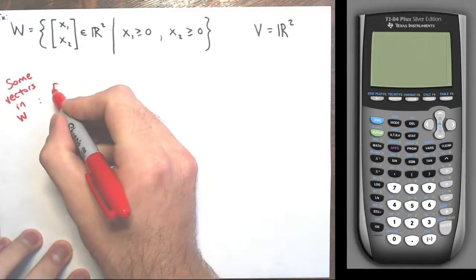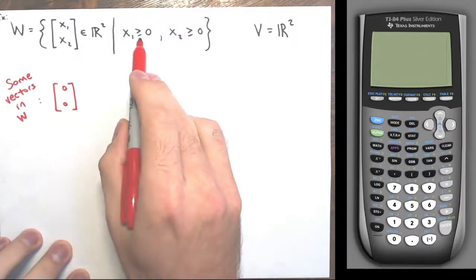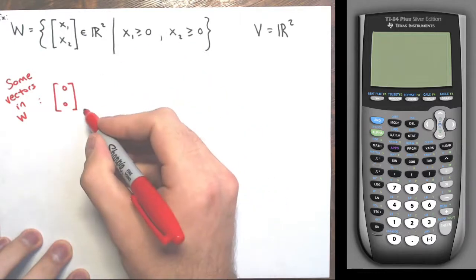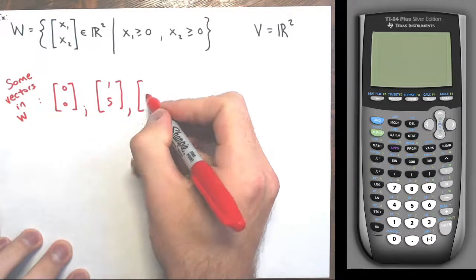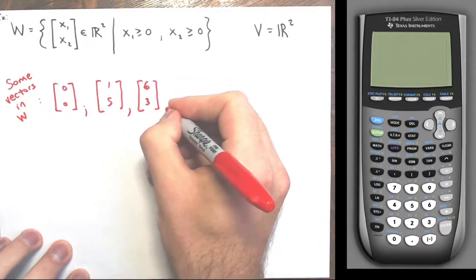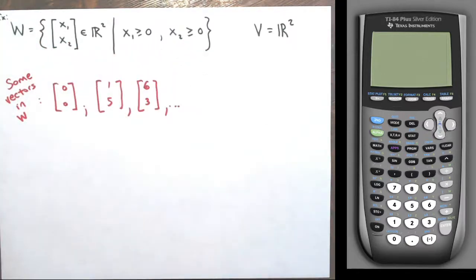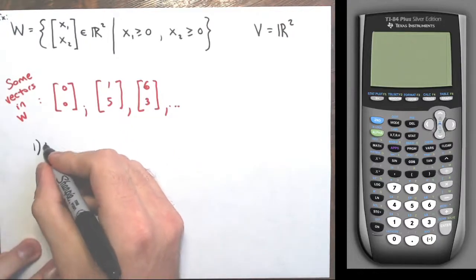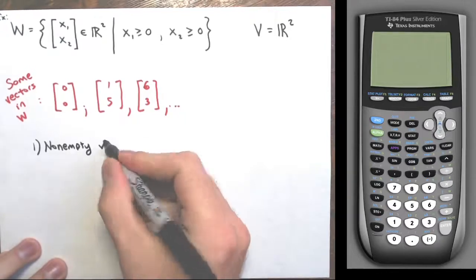Well, 0, 0 would be in there, great, because the top component and bottom component are both non-negative. 1, 5, 6, 6, 3, whatever. As long as the top component and bottom component aren't negative, it's a vector in W. Okay, so it is non-empty. Check.